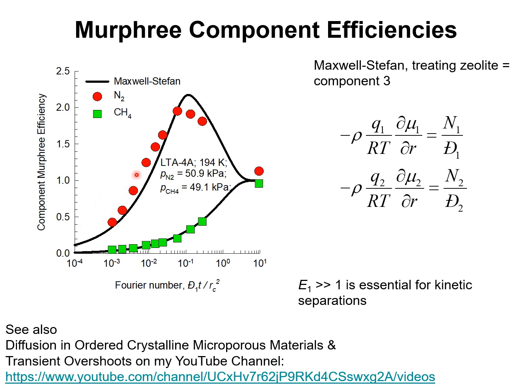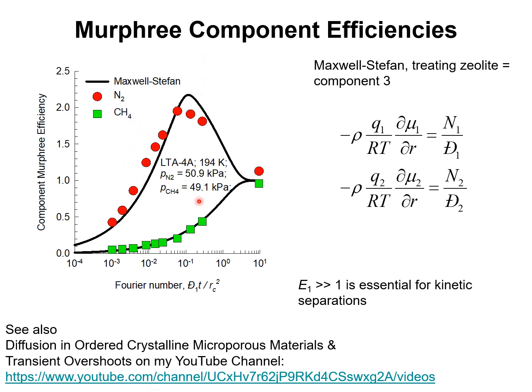We note that the nitrogen component efficiency exceeds unity for a significant range of contact times during the equilibration process. Indeed, the attainment of supra-equilibrium loadings and component efficiencies greater than unity is an essential characteristic of the kinetic separation of nitrogen and methane.